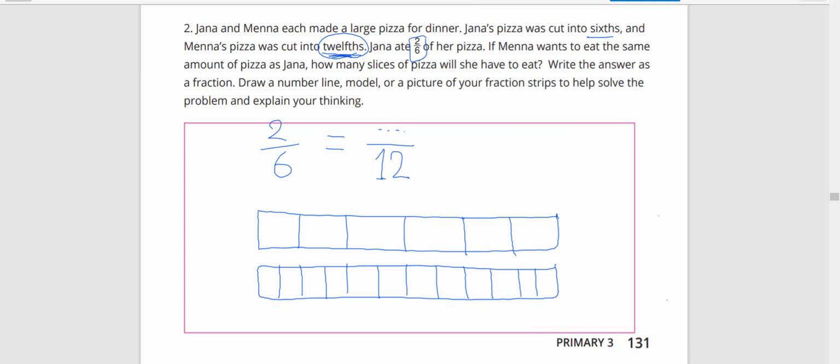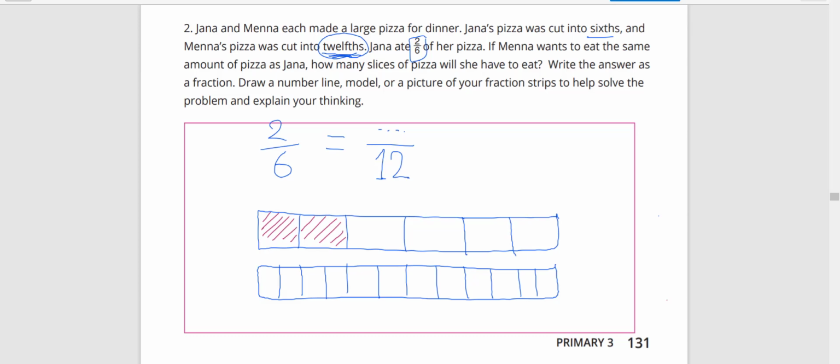In the first fraction strip we shade 2 parts of the 6 parts to represent the fraction 2/6.